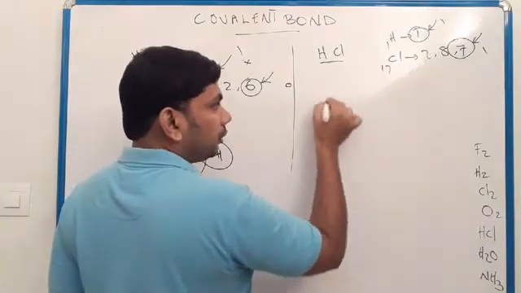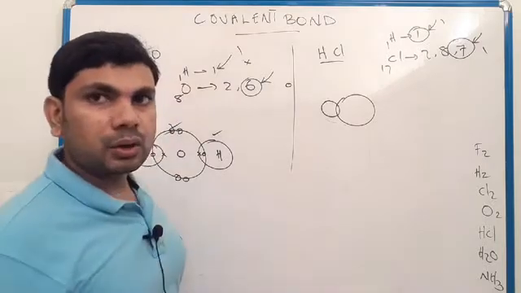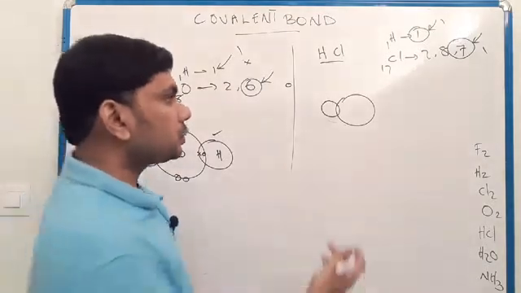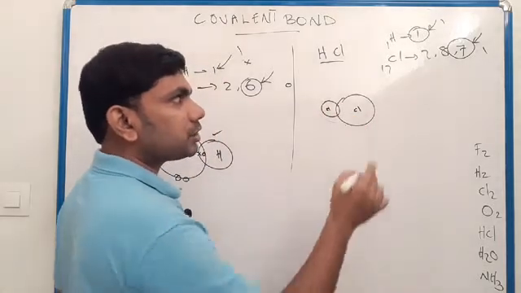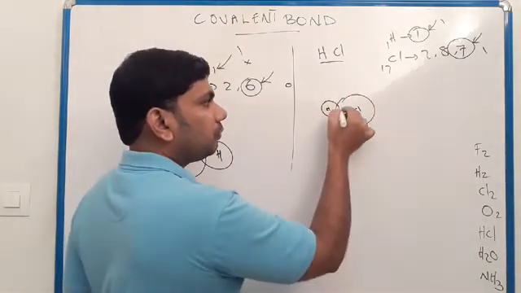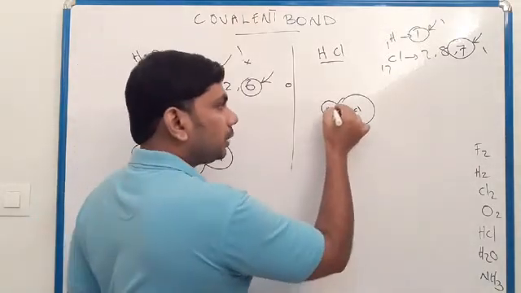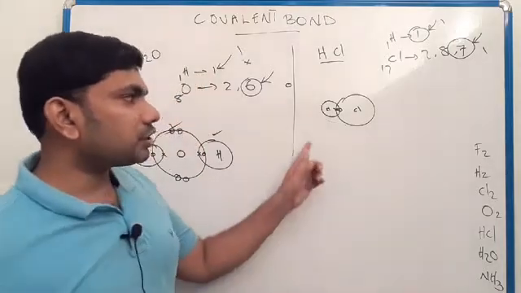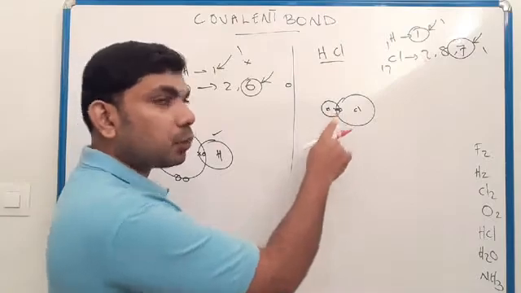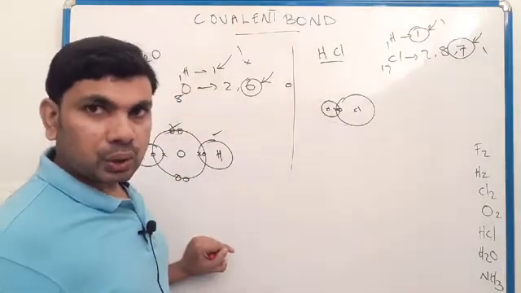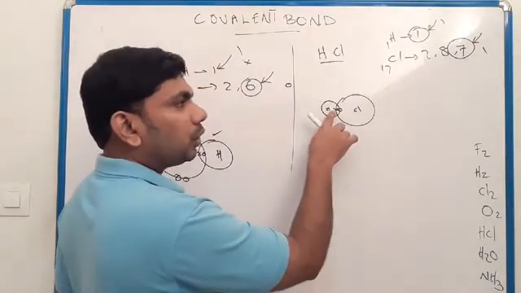So here hydrogen, and this is chlorine. Chlorine is the bigger atom, atomic size bigger. Hydrogen's first shell has only one electron, and here chlorine has 1. Both need one more electron, so they share one pair of electrons. Here chlorine has 7 electrons, we did only 1.